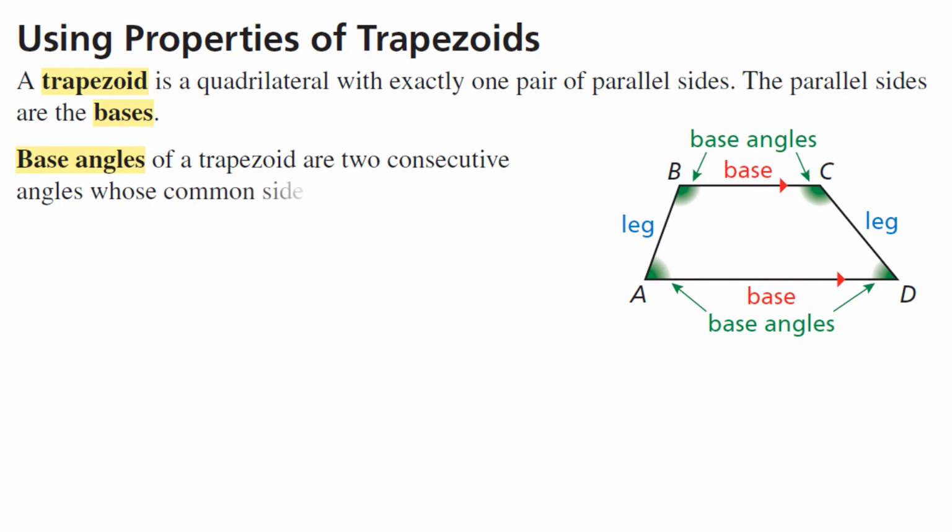Notice how the base angles are paired up. All right, two of the base angles are associated with one base. The other two base angles are associated with the other base.